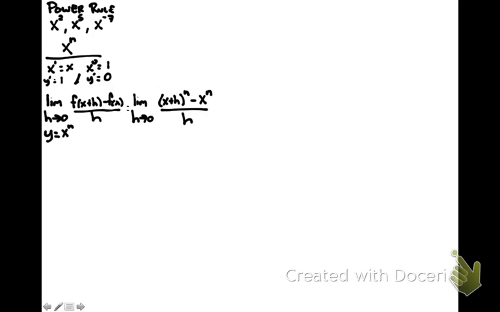Something to notice. You know that x squared minus y squared equals x minus y times x plus y. And you ought to know, although you might not, that x cubed minus y cubed equals x minus y times x squared plus xy plus y squared.